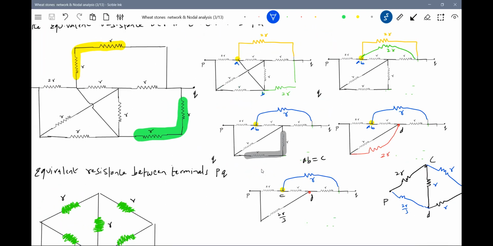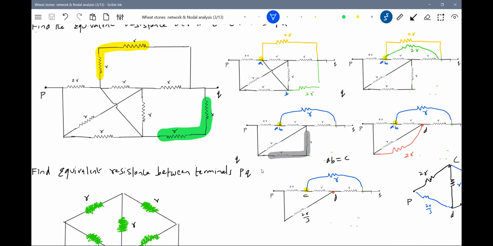Some value I didn't write properly. Okay, yeah, some data is missing. This is 2R/3. Okay, fine.